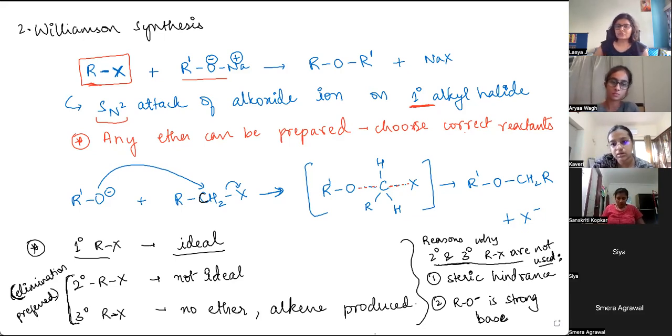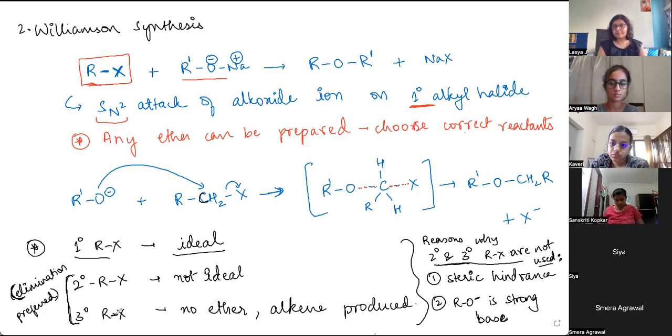So when the RO minus is attacking, in the case of secondary or tertiary alkyl halides, is it attacking the carbon or the hydrogen? Hydrogen.